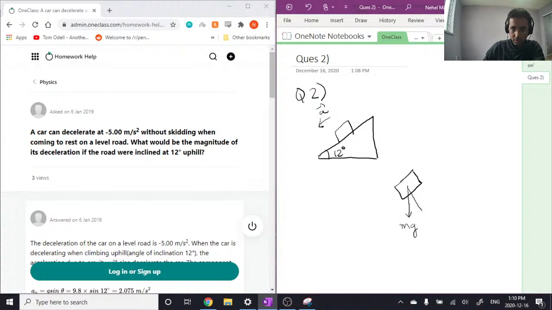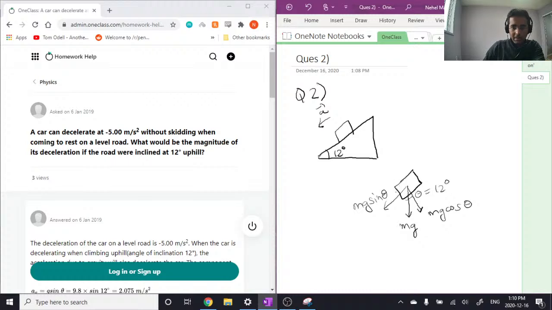So those components would look like this. And this angle would be equal to the theta angle, which is equal to 12 degrees. If we apply trigonometry, we can say that this force here would be equal to mg sine theta, and this force would be mg cosine of theta.